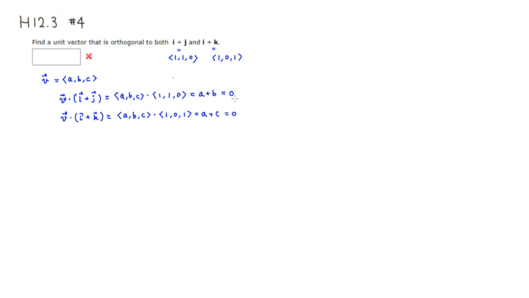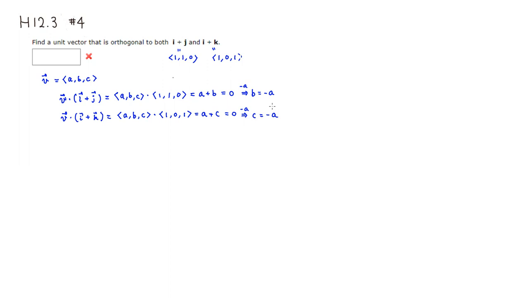So we can rewrite this; maybe I'm going to solve this equation for b. I'm going to subtract a, so b is going to be equal to negative a. Then here, I'm going to subtract a again, so c is going to be equal to negative a as well.